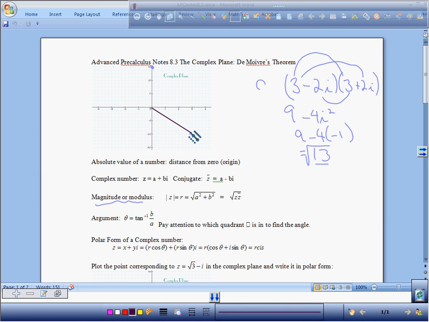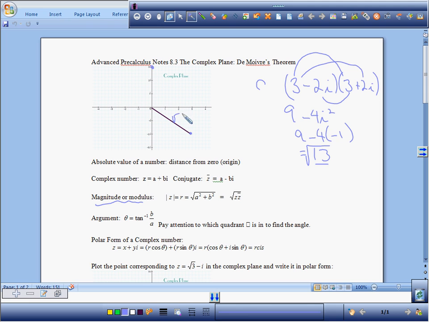If this is my point 3 minus 2i, this radius would have a length of square root of 13. You could find that either by taking the complex number times its conjugate and taking the square root of that, or by taking the a part and the b part, squaring each of those, and then taking the square root. That gives you exactly the same thing.